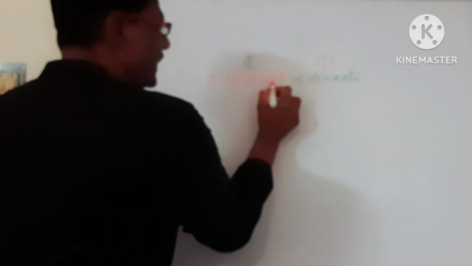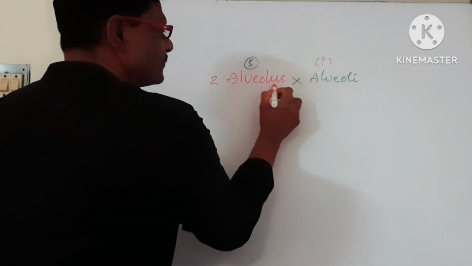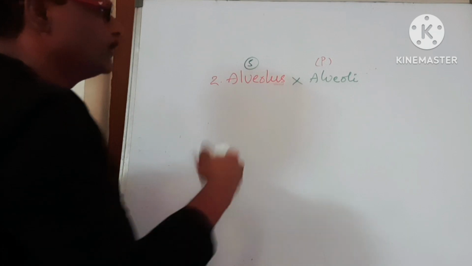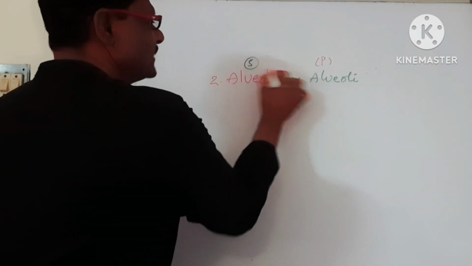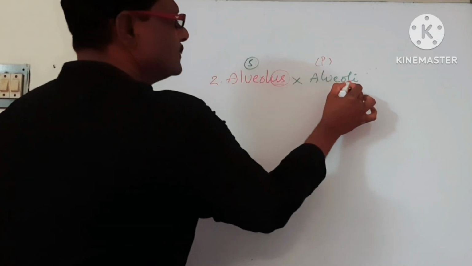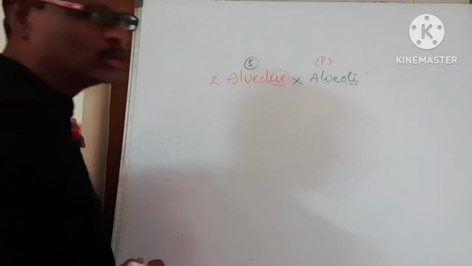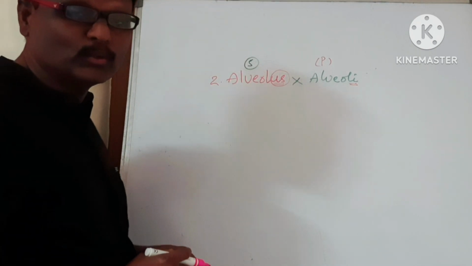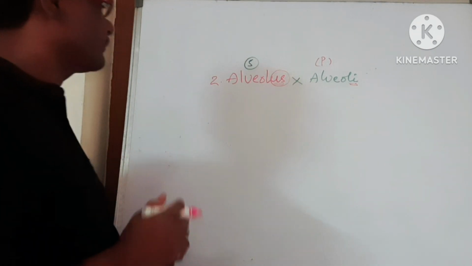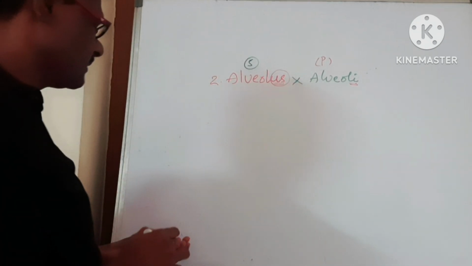Nucleolus, nucleoli. So this one we have to keep in mind for giving the perfect plural word. Alveolus ends in U-S, so alveoli. Nucleus, nuclei. Nucleolus, nucleoli. Likewise, there are so many examples.